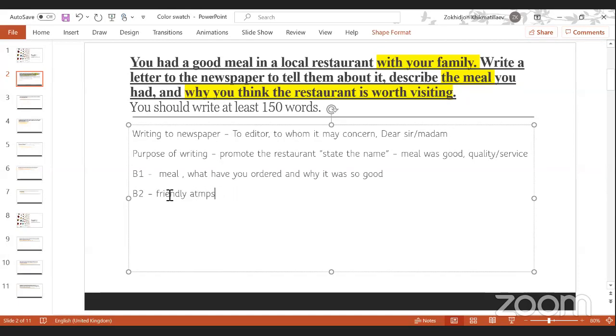What else? Maybe reasonable price? Yes. What does reasonable price mean? It means affordable. So what you ordered was worth that price. It's not expensive.